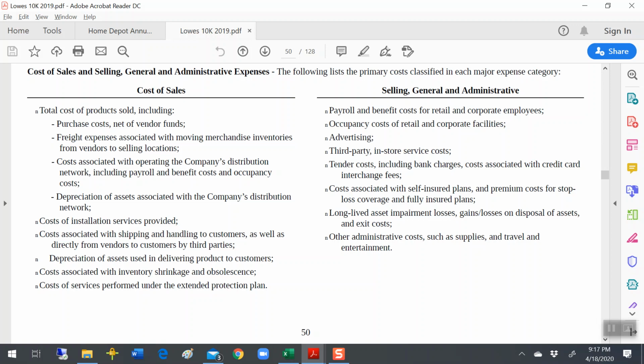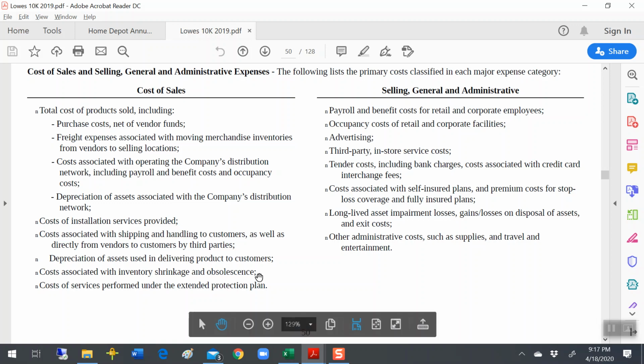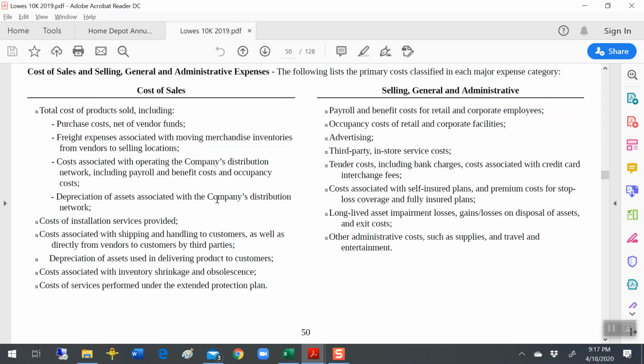Let's look at some of the others. Occupancy cost of retail and corporate facilities. That means if you're leasing or renting or whatever, the cost of the corporate headquarters, the cost of the retail building, that's the store you're selling into. Now, when they were talking about the distribution network over in cost of sales, that's the warehouse and shipping stuff.